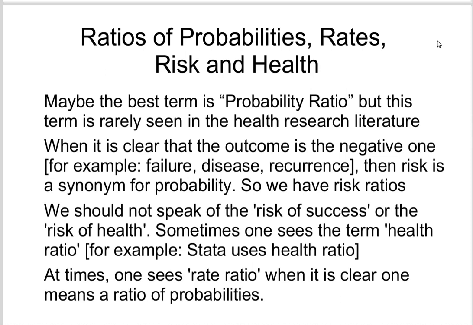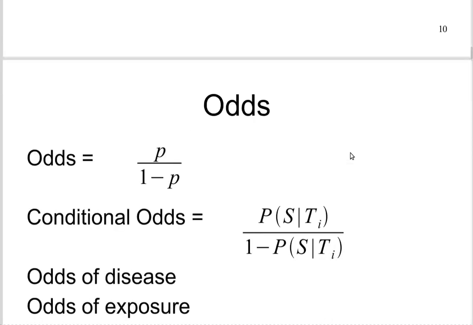Sometimes you will see risk ratios when the outcome is something negative, and one will sometimes see the term health ratio when the outcome is something positive, like a success rate. So when you see something described as a rate ratio, it should be that one means a ratio of probabilities.